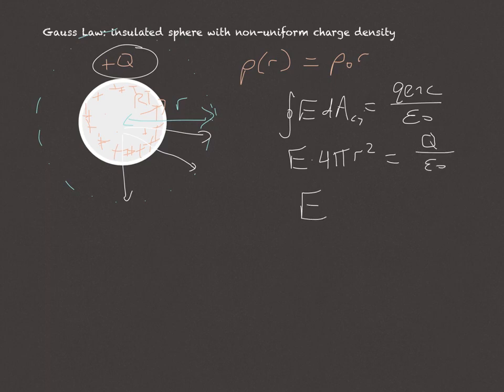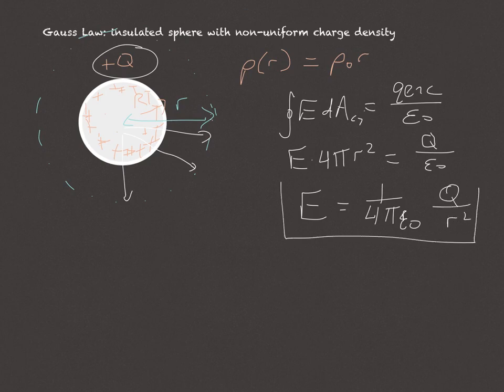So if we manipulate this for electric field, we get 1 over 4 pi epsilon naught Q over r squared, which is the equation for a point particle. So even if the charges are distributed non-uniformly, it still acts like a point particle when you're outside of that sphere.